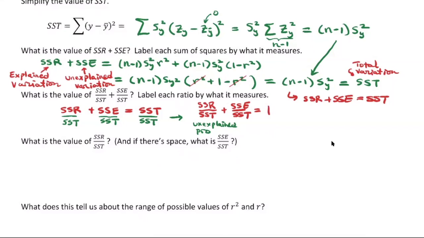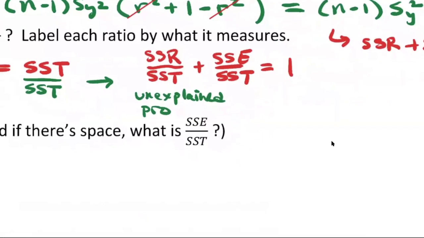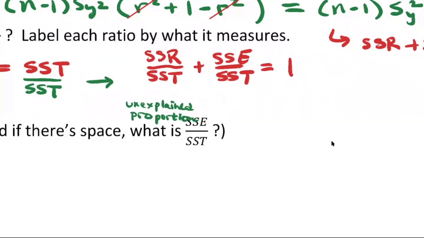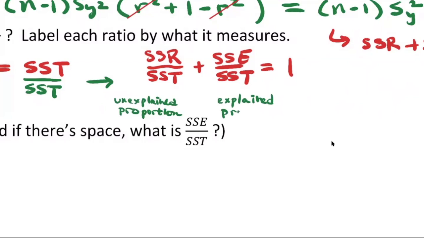So I'm adding some notes under all this. Unexplained proportion and my explained proportion have to add up to 1, which is the same thing as 100%.